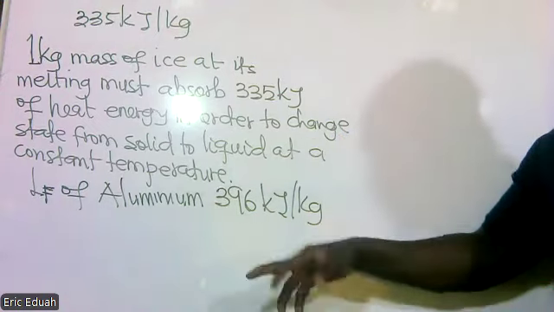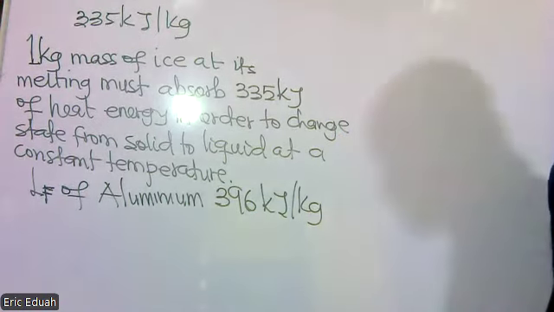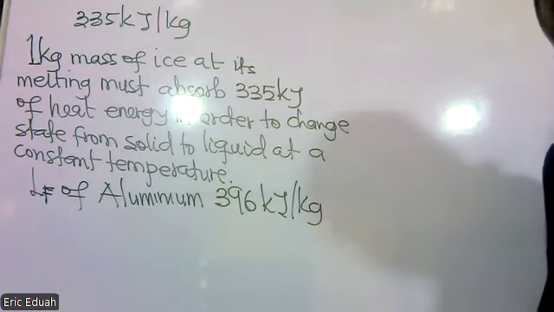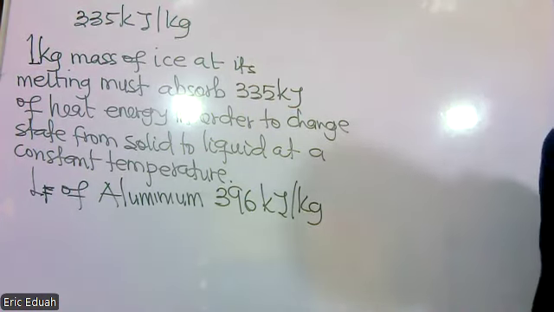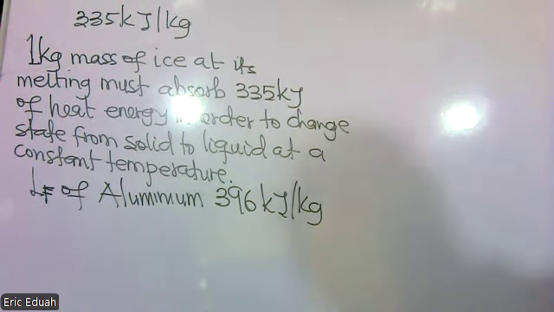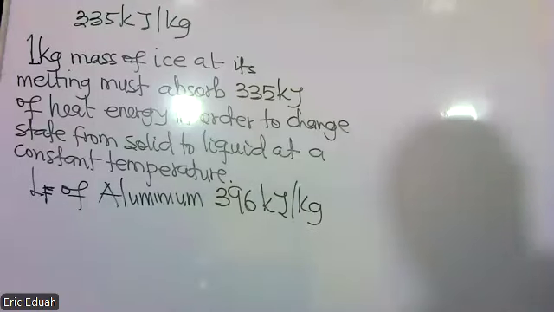Okay, Priscilla. Frida, go ahead. For every 1 kilogram mass of aluminium, the specific latent heat of fusion is 396 kilojoules to change the state from solid to liquid at a constant temperature.